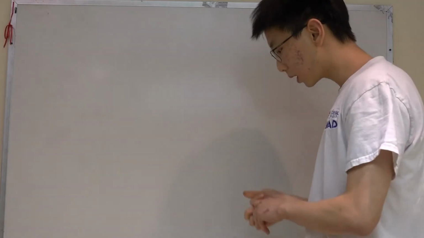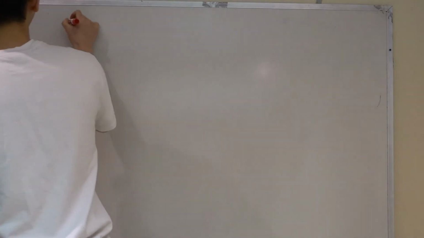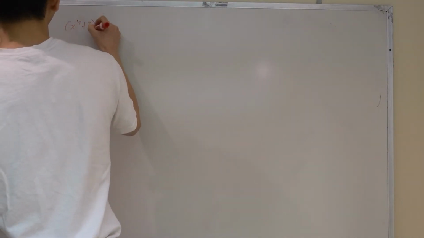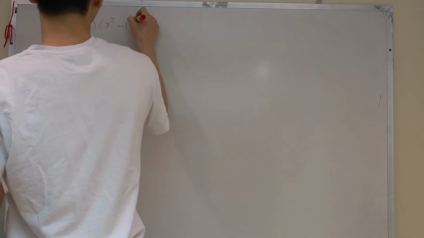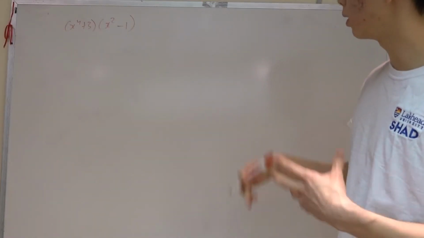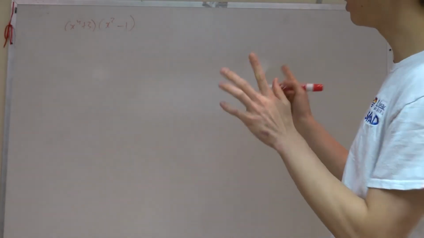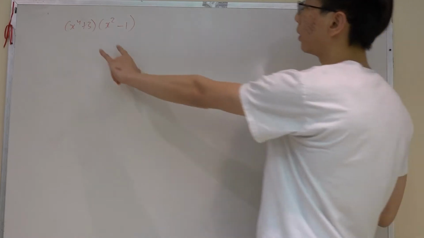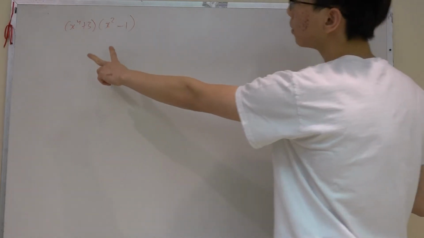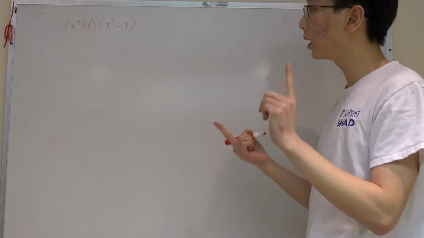So the next example is another expanding. We're going to do x to the 4 plus 3 times x squared minus 1. Now you can FOIL. You can go ahead and try this yourself. The only reason I have this here is so that you remember your exponent rules. When you multiply x to the 4 and x squared, you're not multiplying the exponents, you're adding the exponents.